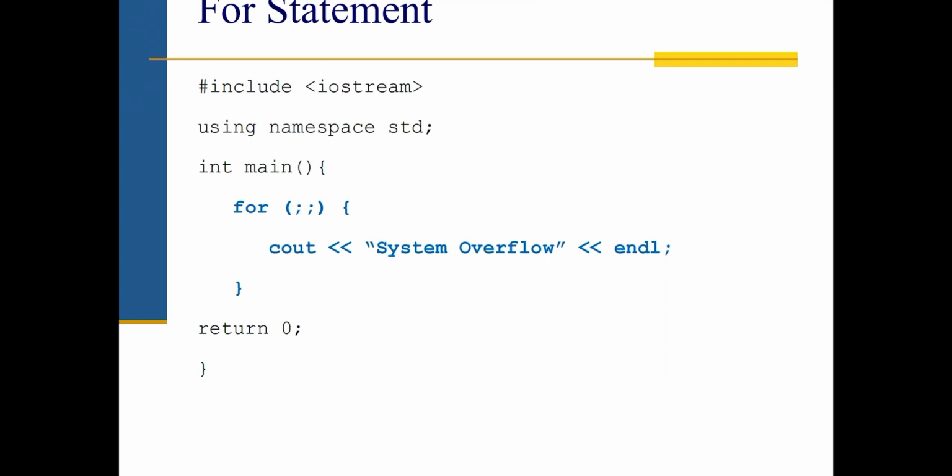So this is a practical example of the for loop or the for statement. So for, then you bring your 2 terminators, the semicolons, and inside it you write cout what? System overflow. And this is a practical example of the for loop or for statement.